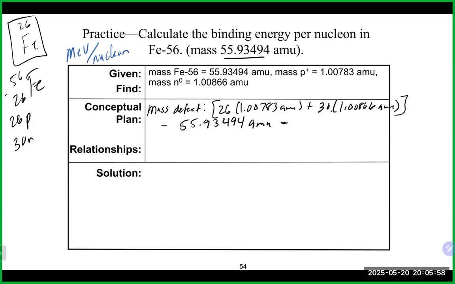This is going to give us our mass defect. Again, that difference in the mass of the particles and that of the isotope itself. And it looks like we will yield a mass defect of 0.52844. Since we are looking for mega electron volts in this case, I'm just going to use the conversion here.